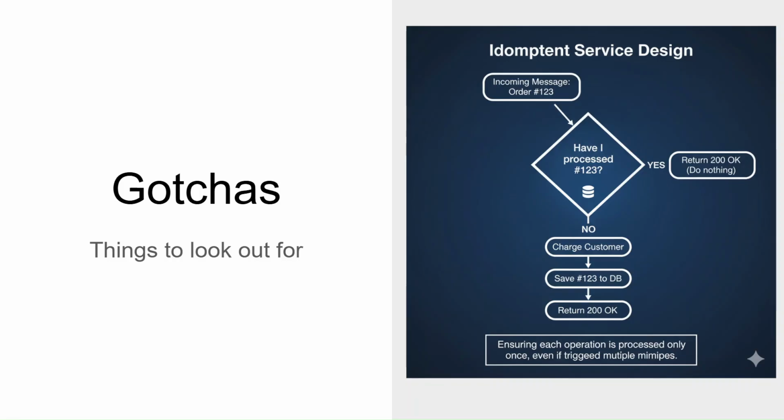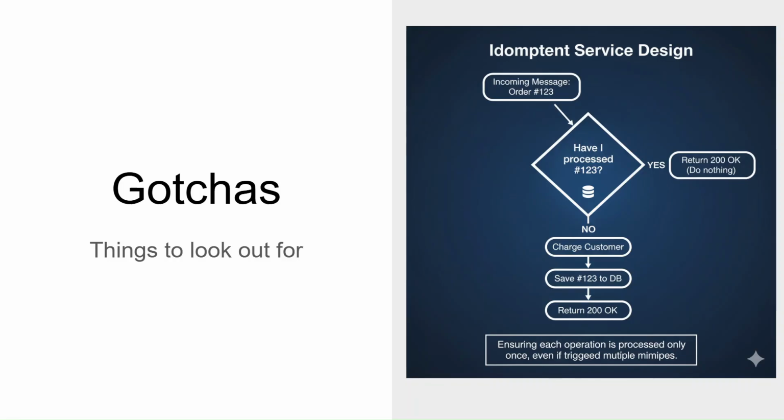Take an example where an order comes in. You need to find out: have I already processed this order? Because you might have processed it, but it's just coming back once more. If yes, then I don't want to process it again, because there might be some reason that this particular event is being repeated. Especially if you are working with payment providers like Stripe, they can sometimes resend webhook events.